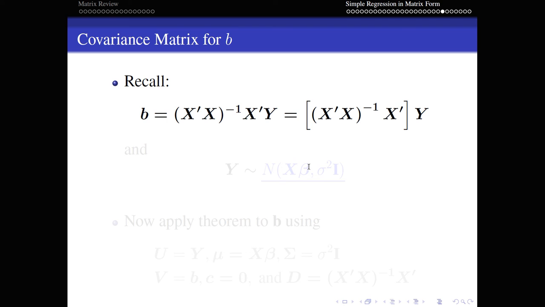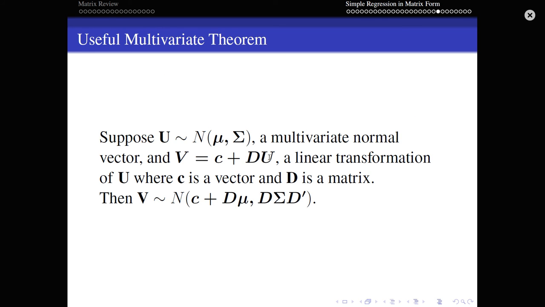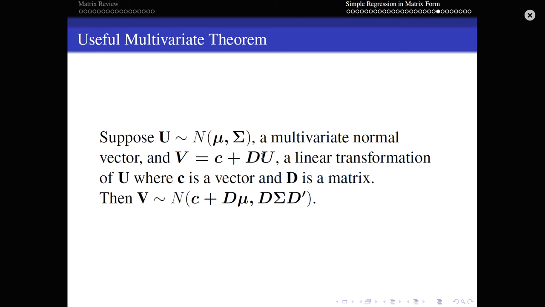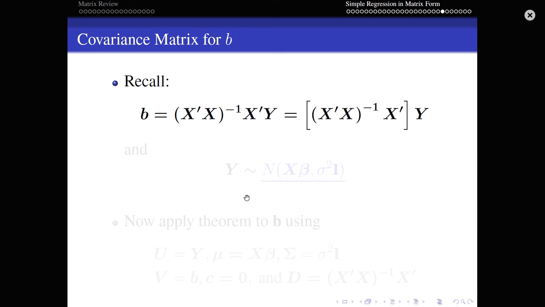So recall that I can write my b's as (X transpose X) inverse X transpose Y, and if I wanted to isolate the Y, that's fine. So what I'm going to do is say that Y is my vector U that I was saying I know about, and I know the mean and the variance-covariance matrix for the vector Y. And then all of this X stuff is going to be like that matrix D. So this is how we're going to make this work in terms of our betas, given that we know the distribution of the vector of Y's.